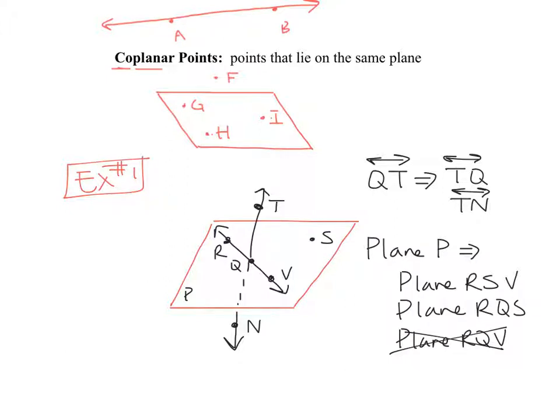Okay, can you tell me 4 coplanar points? 4 points that all lie on the same plane. I missed the last one, RSVQ, right? Those all lie on the red plane that's drawn in, okay?